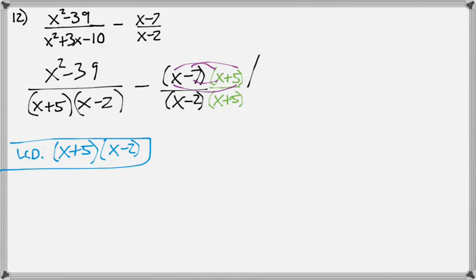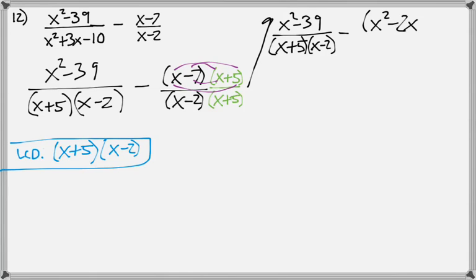That's going to get you x squared minus 2x minus 35.